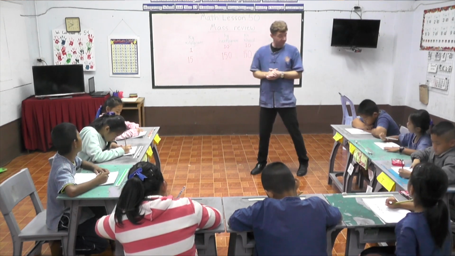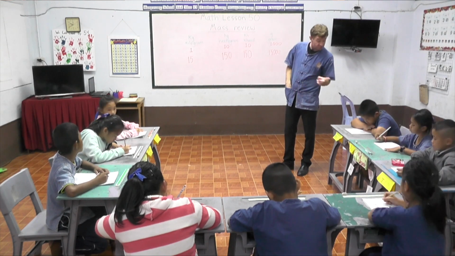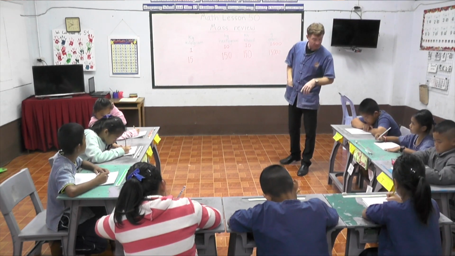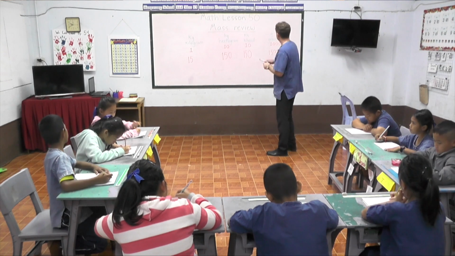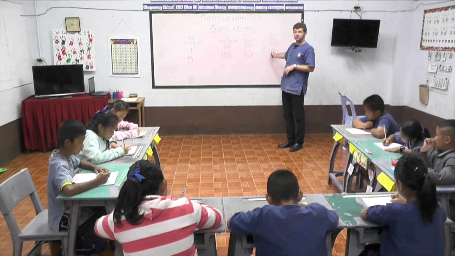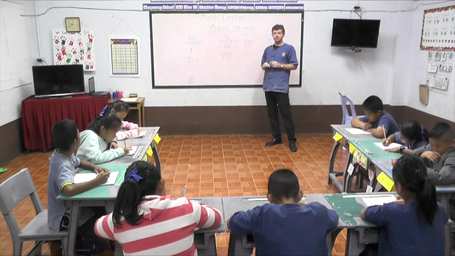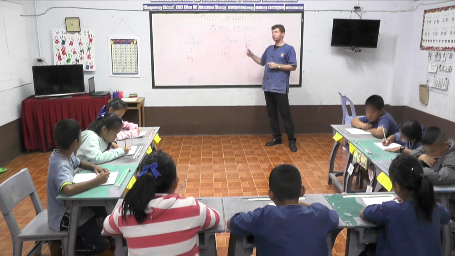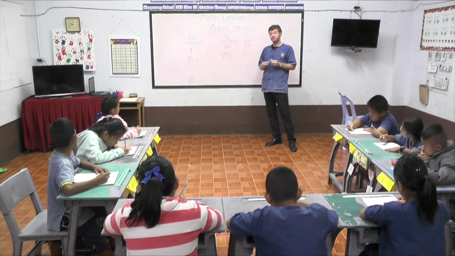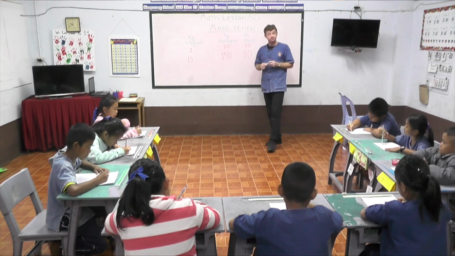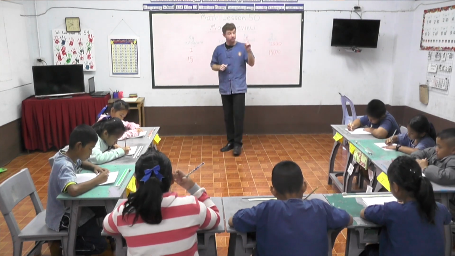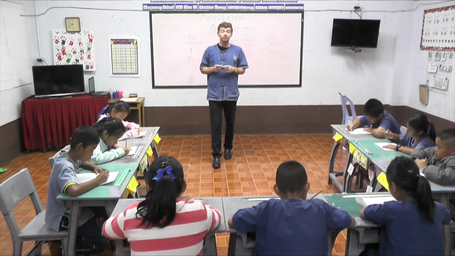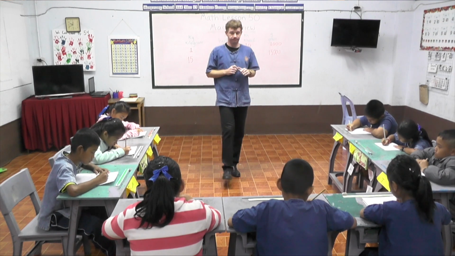So you see, the first one, strawberries, 100 grams. If 1,000 grams is 10 hectograms, how many hectograms is 100 grams? 1. Excellent. It's 1. 100 grams, 1 hectogram.